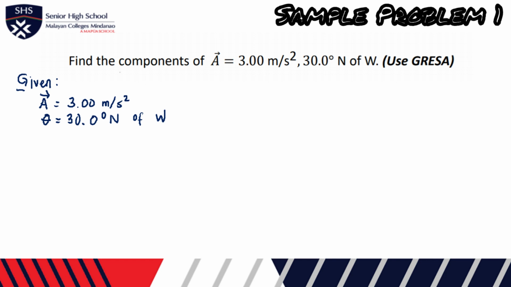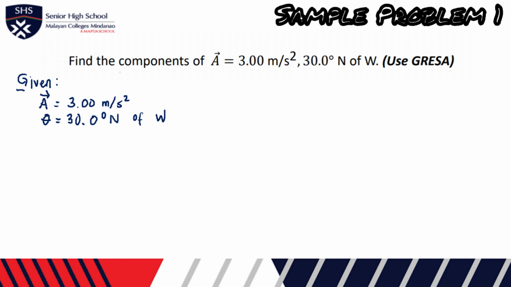Now, always remember that when we say components, it pertains to A sub x, or the x-axis component of A, and A sub y, or the y-axis component of A. Now we need to use GRESA.